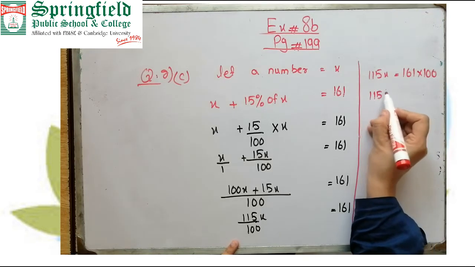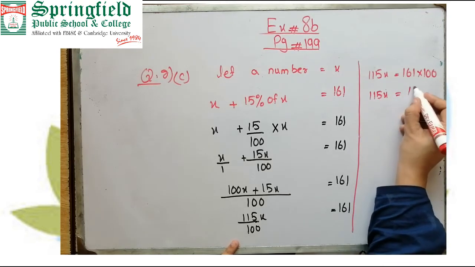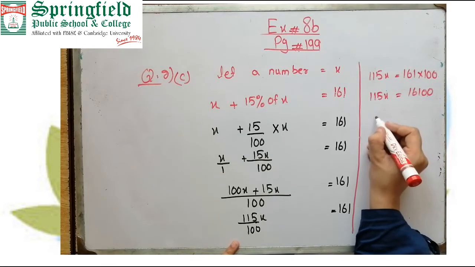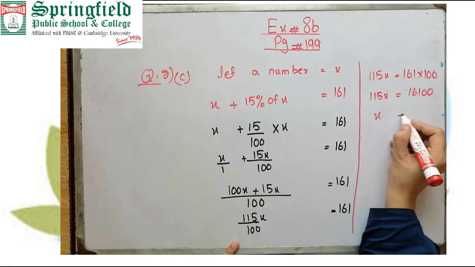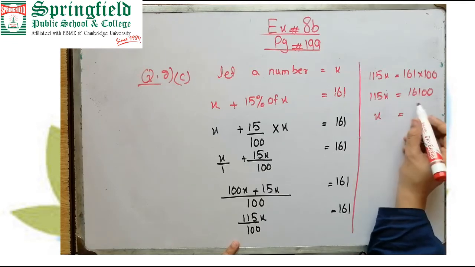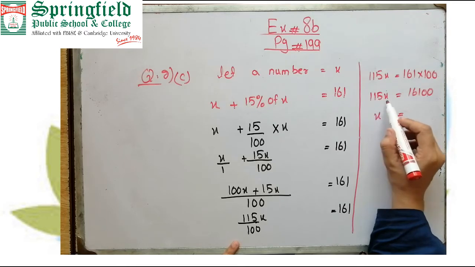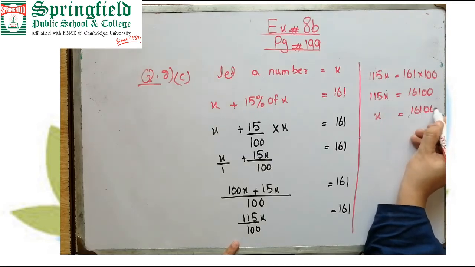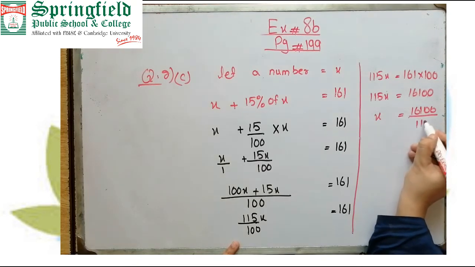So 115x is equal to 16100. Then leave the x alone, and 115 will jump to the other side and it will divide, because 115 is multiplied with x. So 16100 divided by 115.